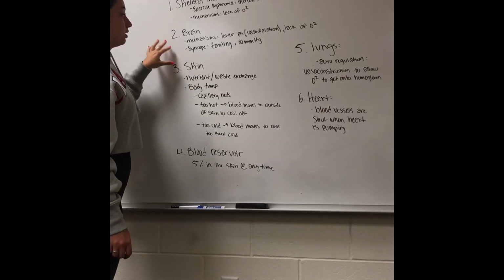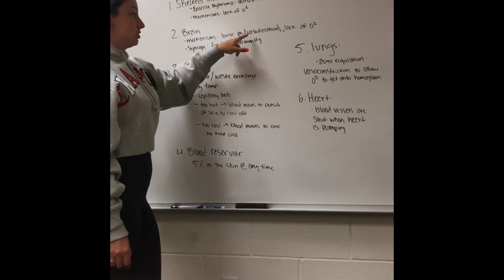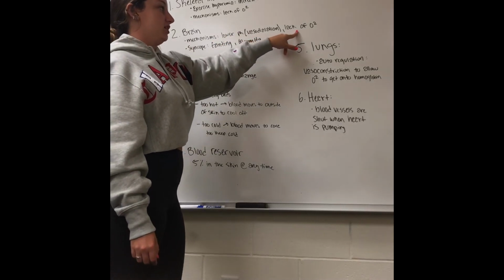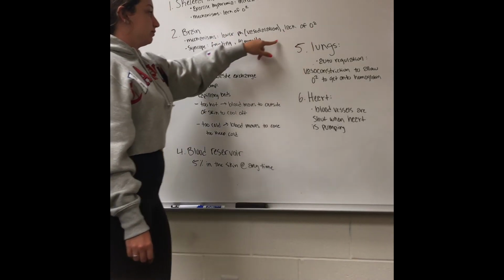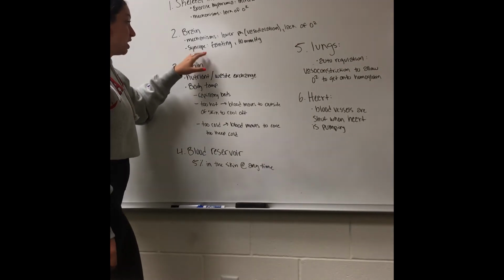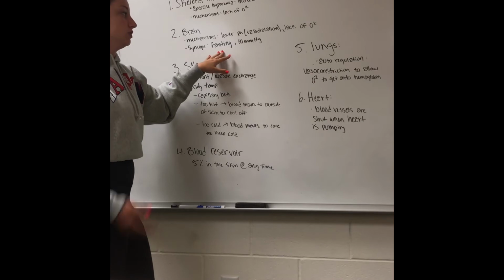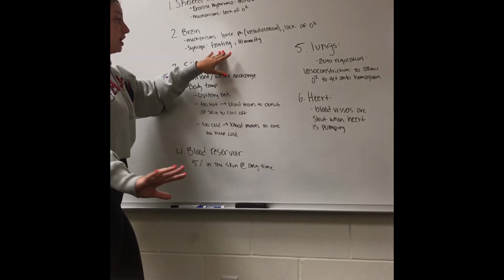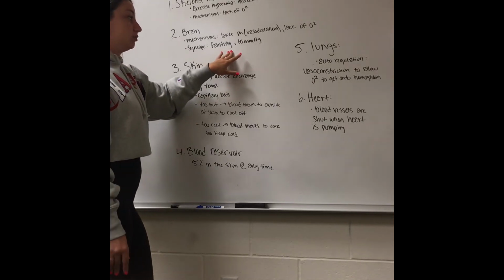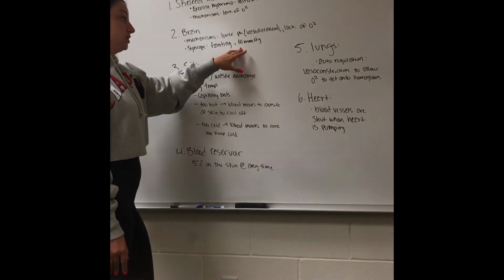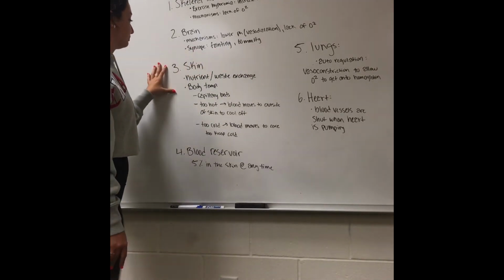For your brain, lower pH causes vasodilation, which is caused by a lack of O2, which is oxygen. And then this is causing fainting, which is basically your body telling you that you need to reset and calm down and get your blood pressure back up and over 60 millimeters of mercury.